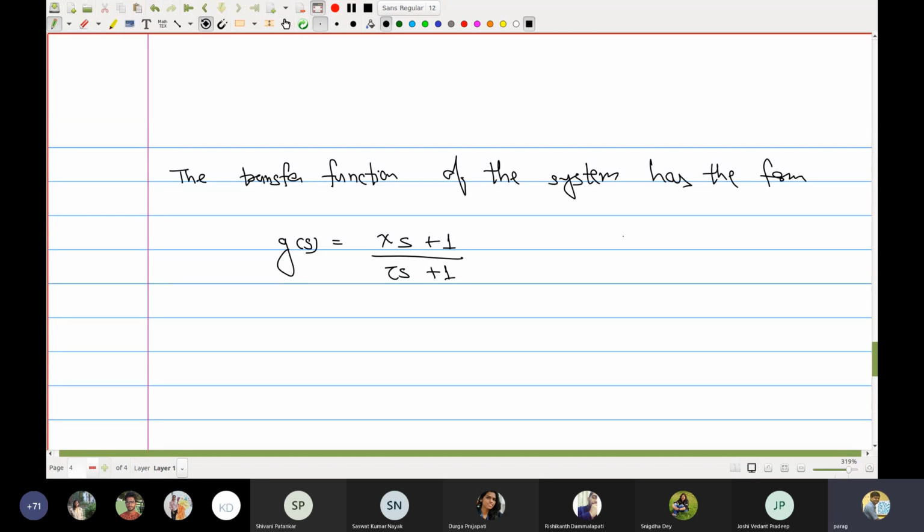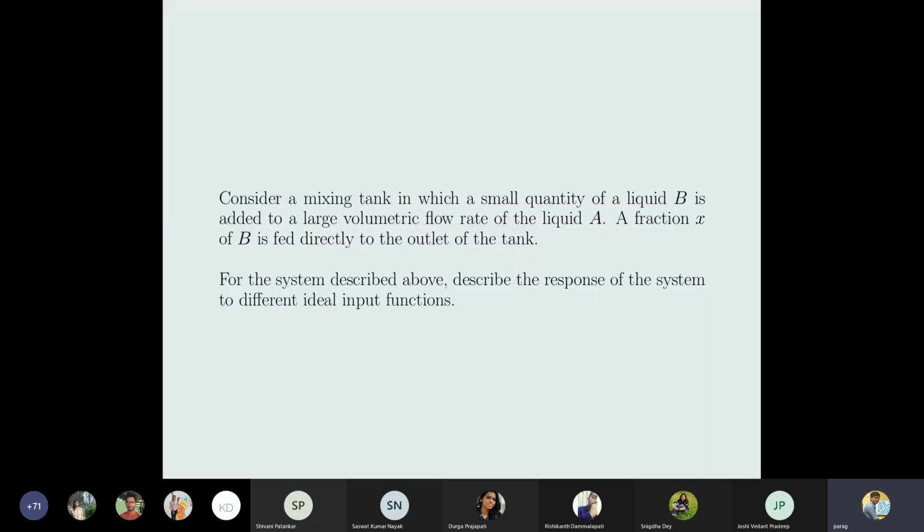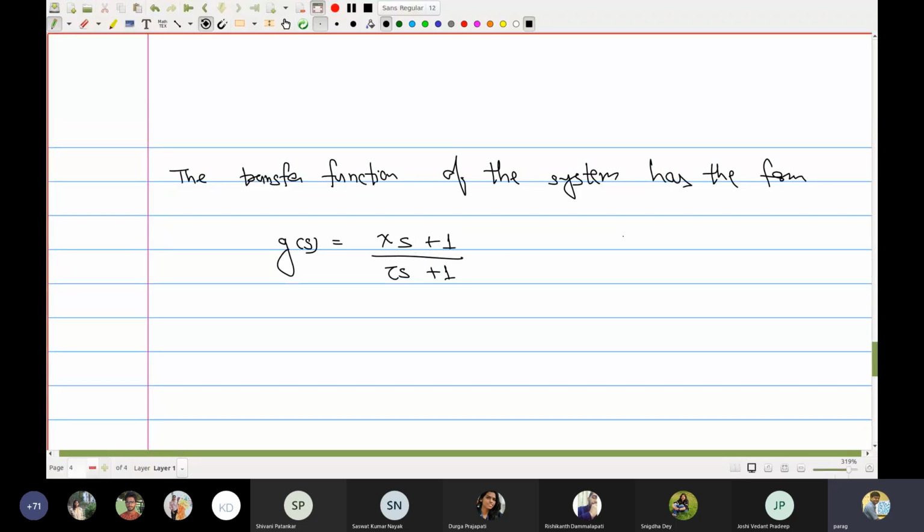And now what should be the response of such a system? This is what has been asked, right? For the system described above, describe the response of the system to different ideal input functions. All 5 functions you will take up. For the lecture, you will take up the ideal step function to understand how the dynamics looks and how it differs from the others.